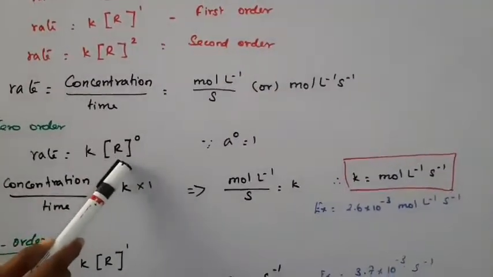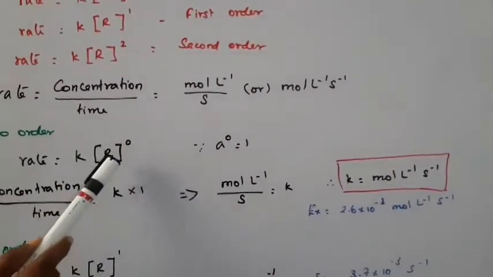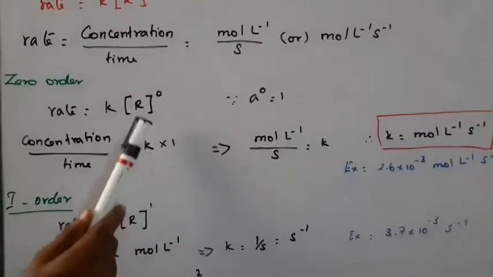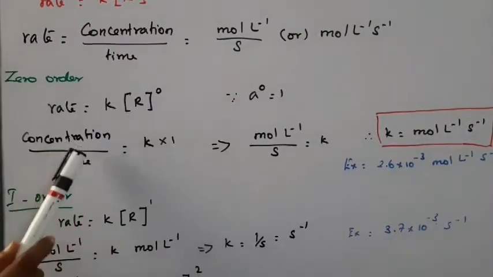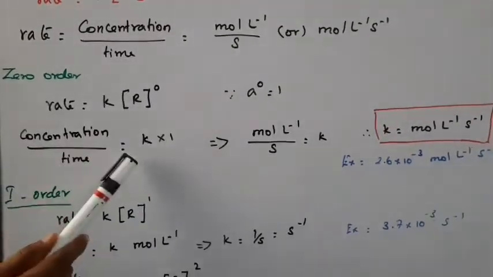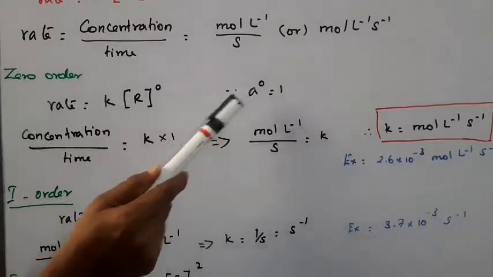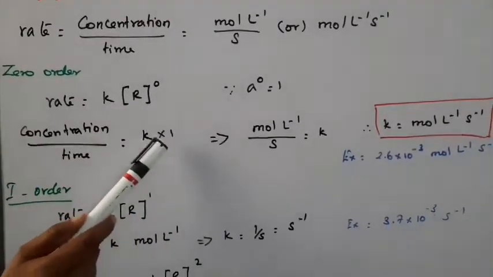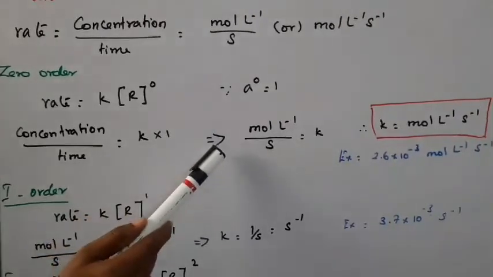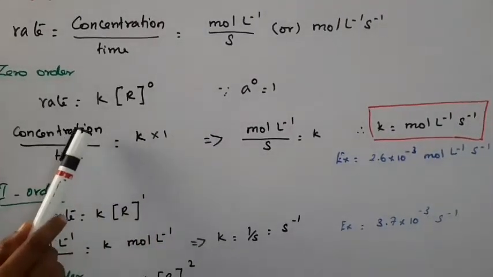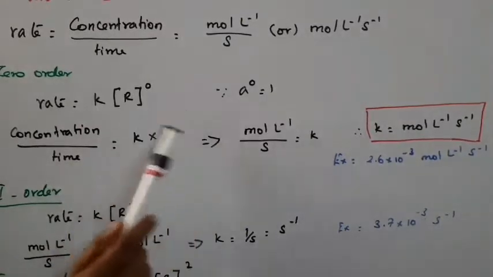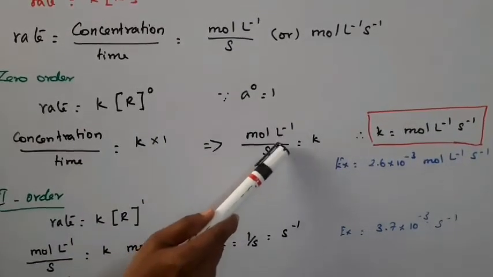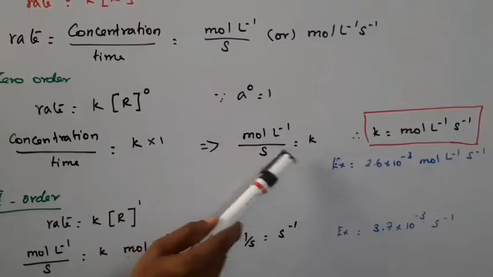In mathematical form, anything raised to the power 0 is 1. So the rate equals concentration by time, equal to K into 1. The unit of concentration is mole per liter, divided by the time in seconds, equal to K.